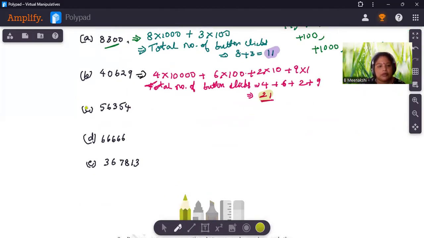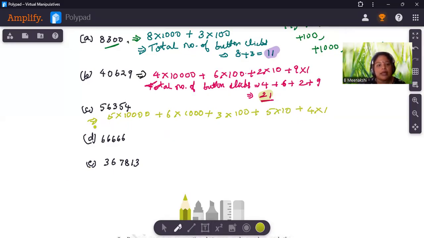Similarly, for this, 5 into 10,000 plus 6 into 1,000 plus 3 into 100 plus 5 into 10 plus 4 into 1.